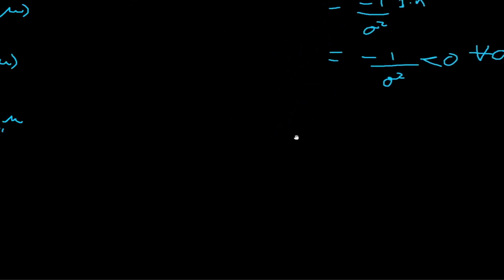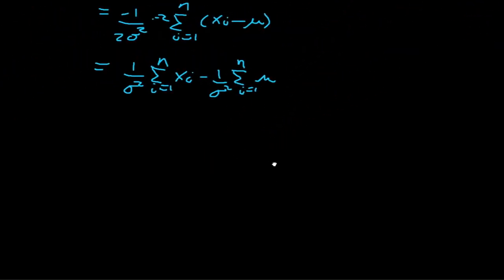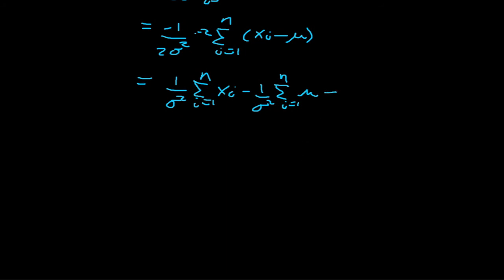So now we have checked for the second order condition. We can go ahead and go back to this right here and set this equal to 0 to find the value of mu that will actually maximize the log likelihood function.